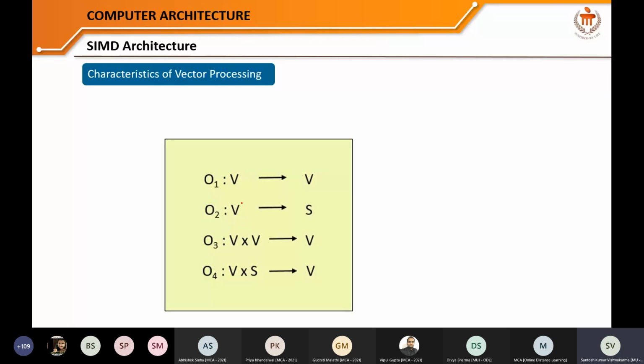The third was V into V, so the result will be V, and when vector into scalar, we come to V. This was done in the previous session. I hope all of you have been attending the sessions regularly. You can refer to the videos and see the different examples. I am talking about this in this session because when we talk about the SIMD structure, you need to have an understanding of how things are going to be executed in terms of vector processing and other examples also.